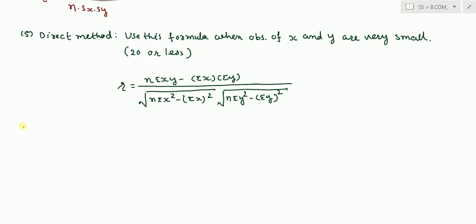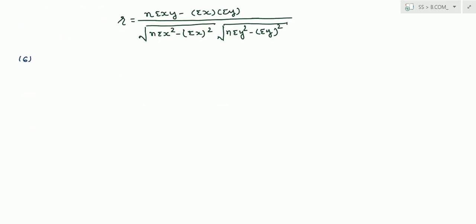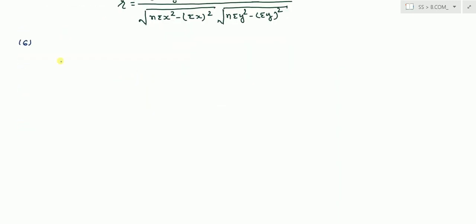Okay. Now formula number 6 is most important. This is called shortcut method, or this is also known as the method of assumed mean.